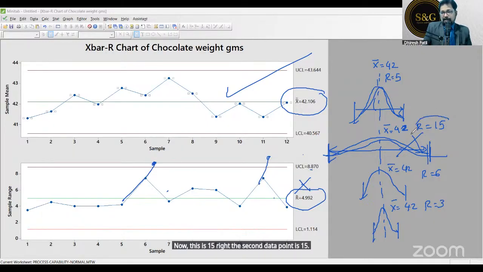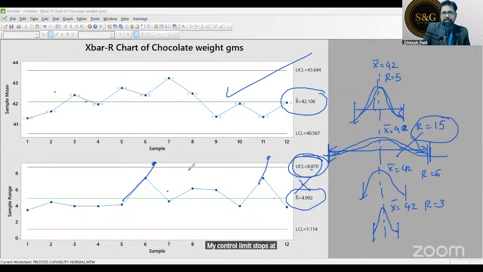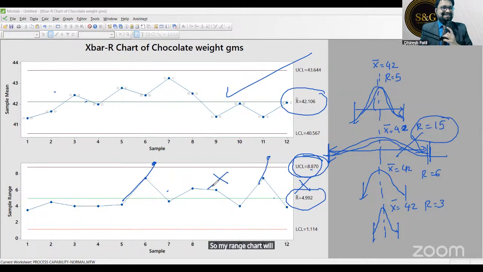This will definitely go beyond control limit because my control limit stops at 8.8. If my range is 15, it will definitely go beyond control limit. So my range chart will fail the stability test. X bar will pass, but my range chart will fail.